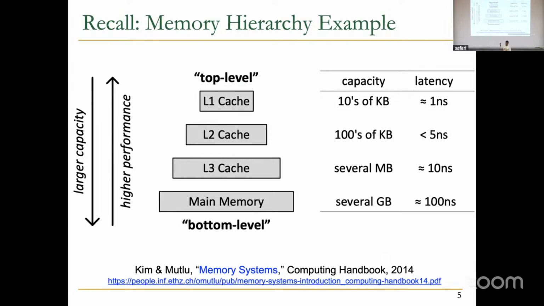But as you can see, the farther you go away from the processor, the bigger the capacity, but at the same time, it comes with slower access time, that is, higher latency. So the idea is how can we make this entire cache hierarchy as fast as possible as well as big as possible, right?